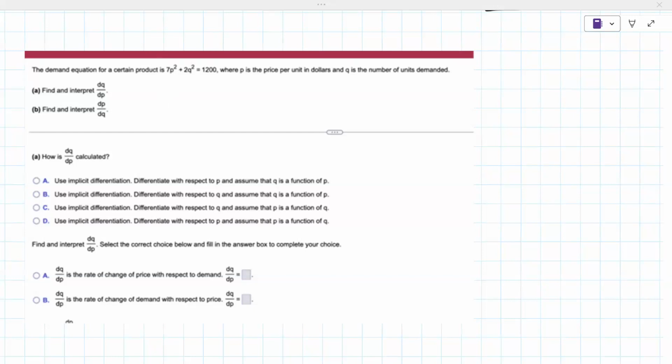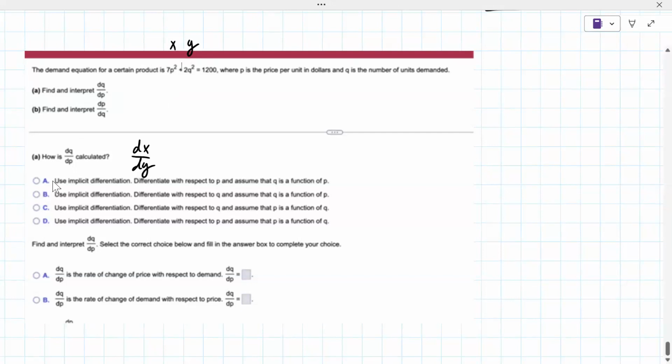I don't even think it's worth giving the answer, because I don't think you're going to get this on the test. But the idea here is that dq/dp is dy/dx if you choose p as x and q as y, if you think of it that way.